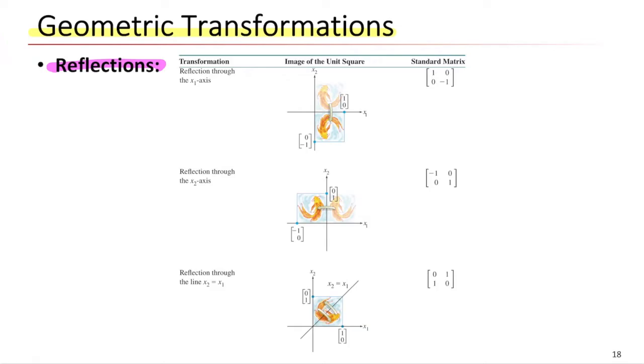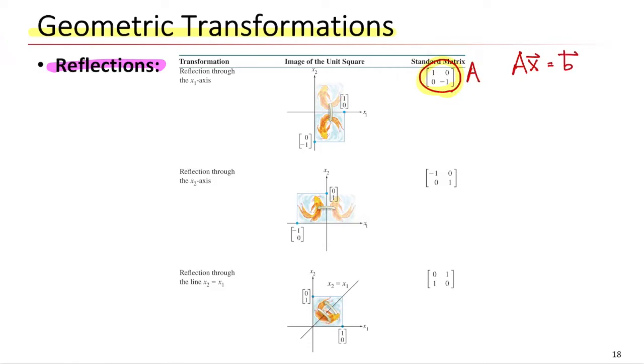What is the reflection? Let's see the example here. If the matrix A looks like this, we want to find Ax equals b.